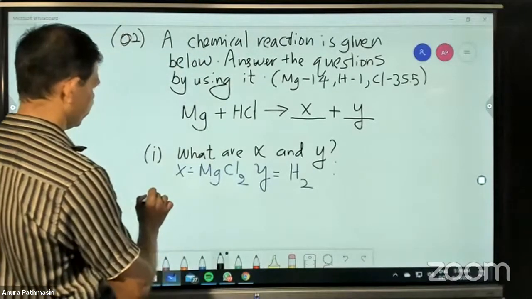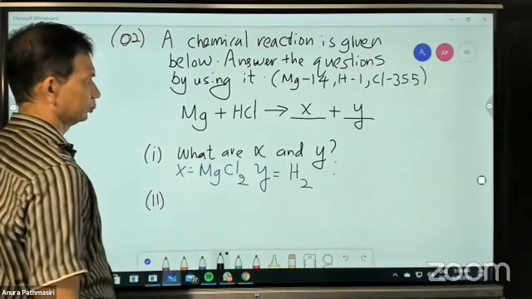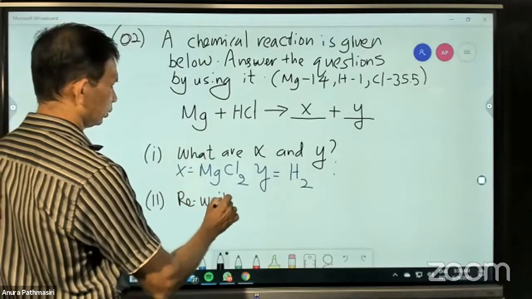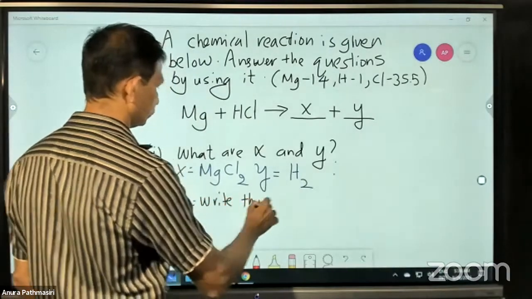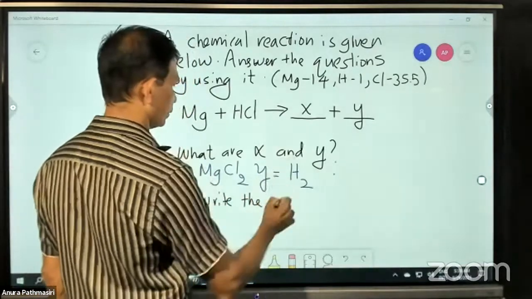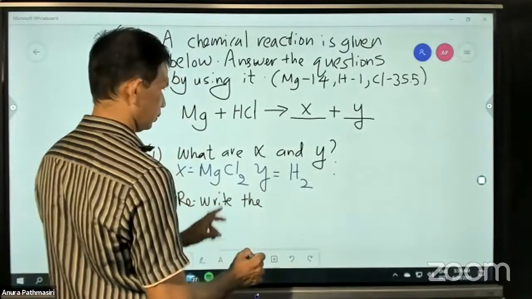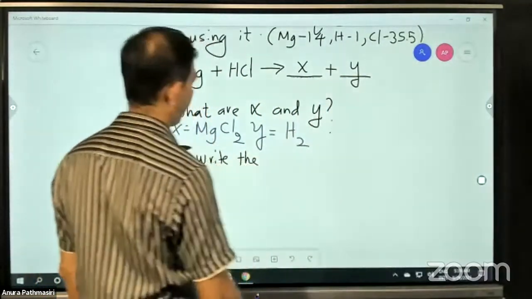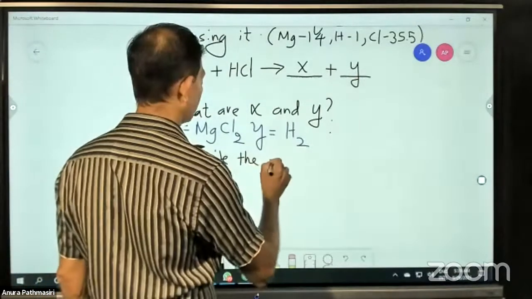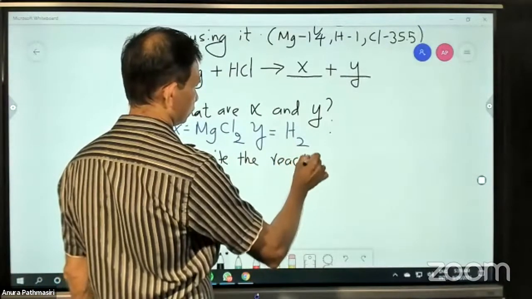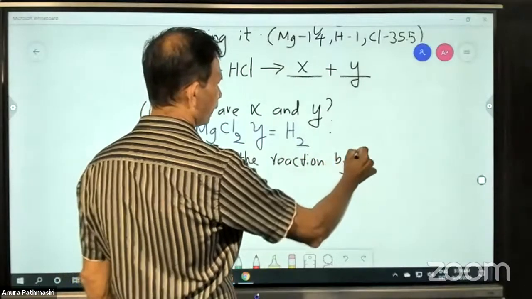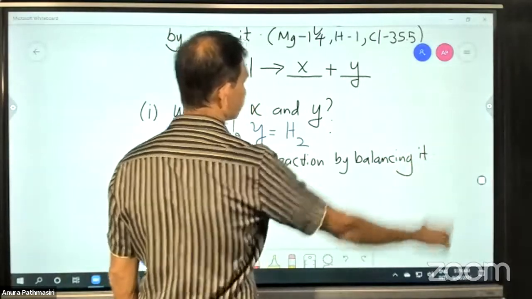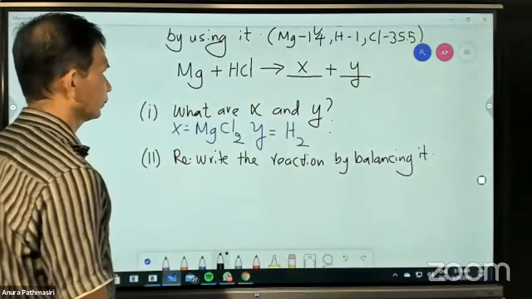Question number 2. Rewrite the chemical reaction, balancing the equation.